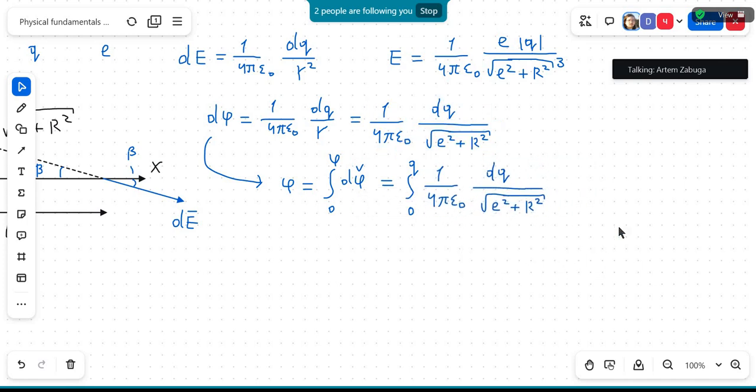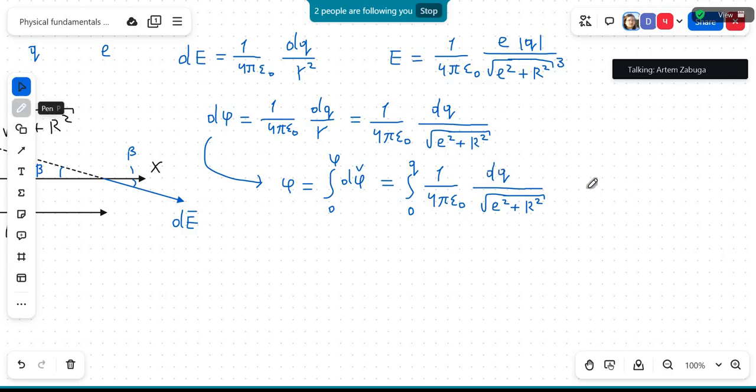Here it is necessary to substitute this. 4 pi epsilon 0 and the square root in the integrand don't depend on charge q.